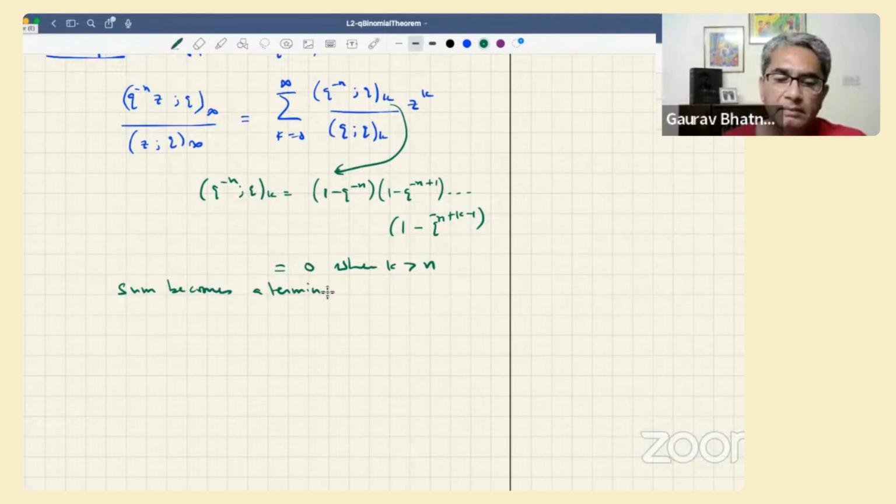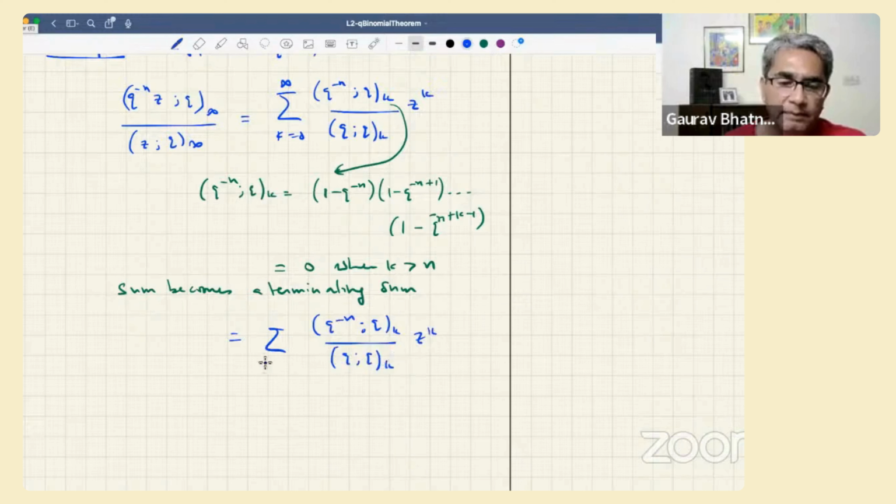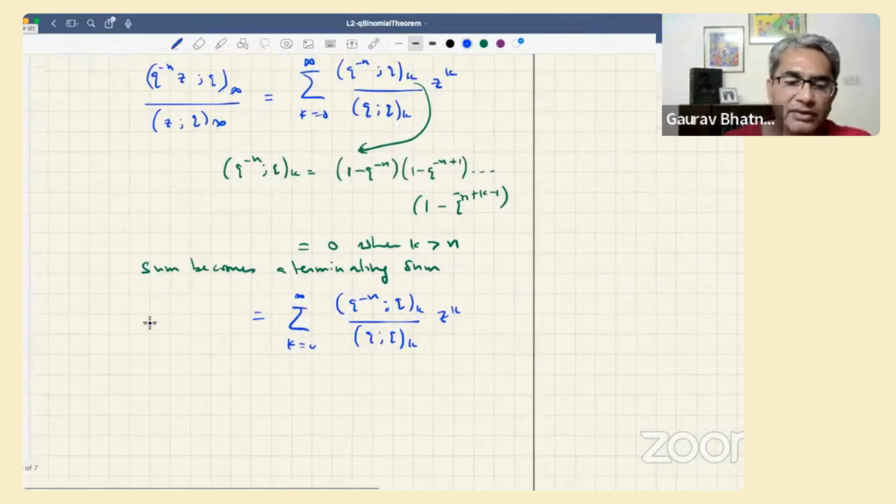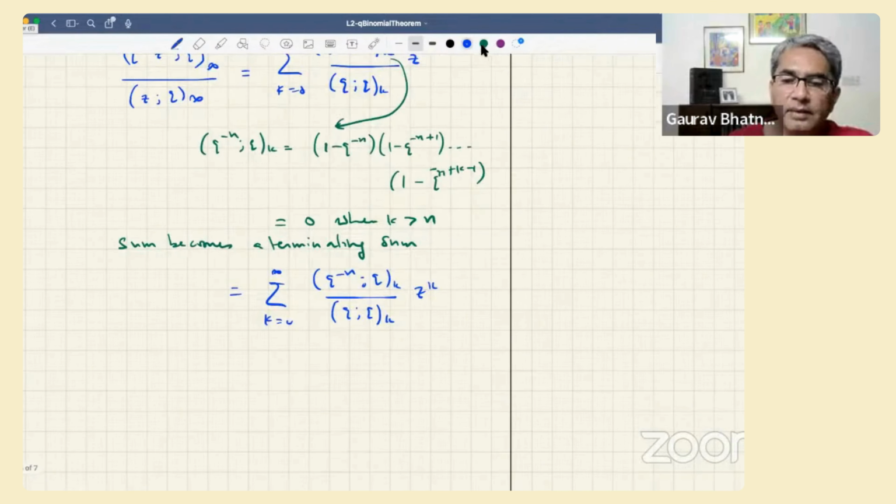A terminating sum. And we get the summation of (q^(-n); q)_k over (q; q)_k z raised to k.